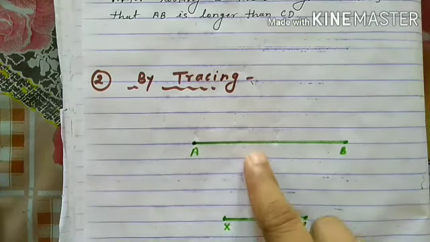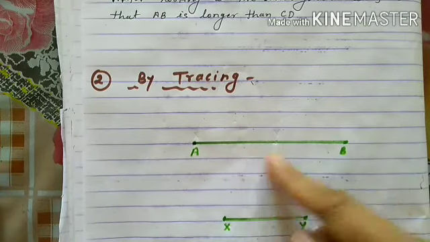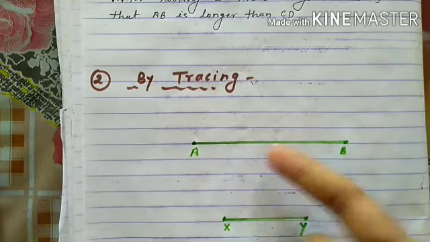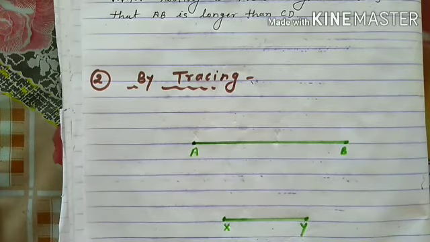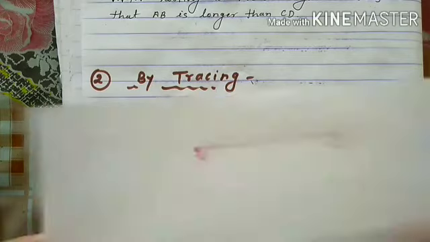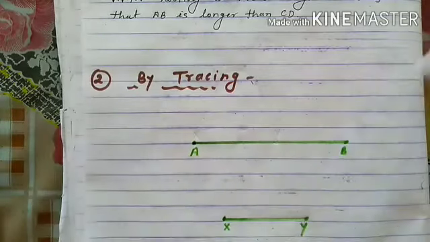XY is shorter than AB, or you can say AB is longer than XY. So for this we need tracing paper.